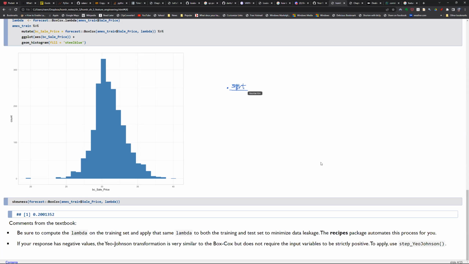Also, we can transform to a z-score, like y minus mu over sigma, which is easy to interpret. And we can also transform into a 0 to 1 scale, the min-max method, like y minus min over max minus min. Maybe it might be scaled to 100, like a scoring system.